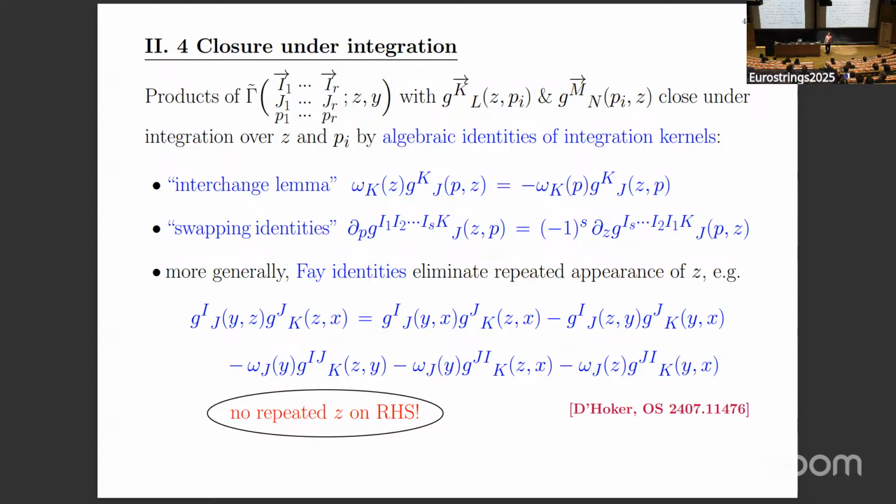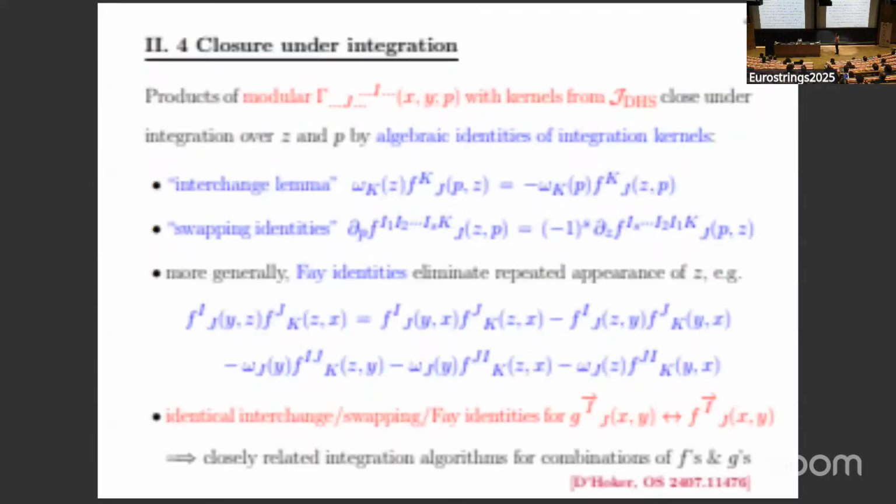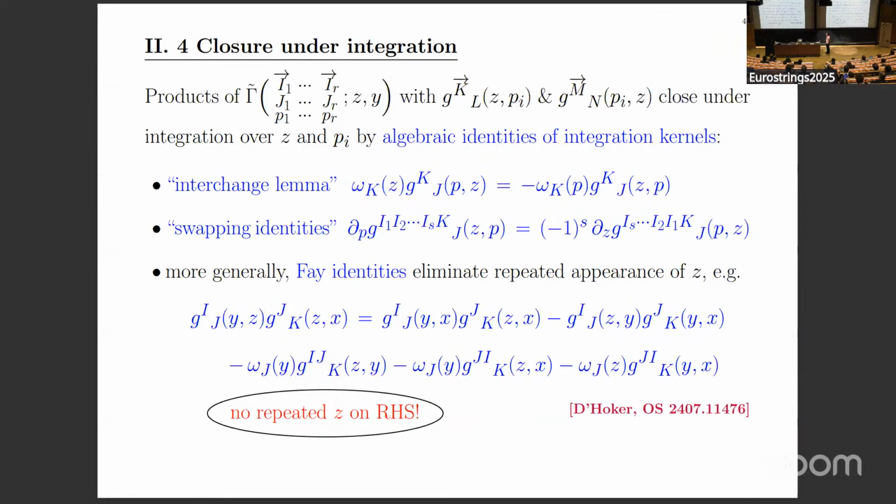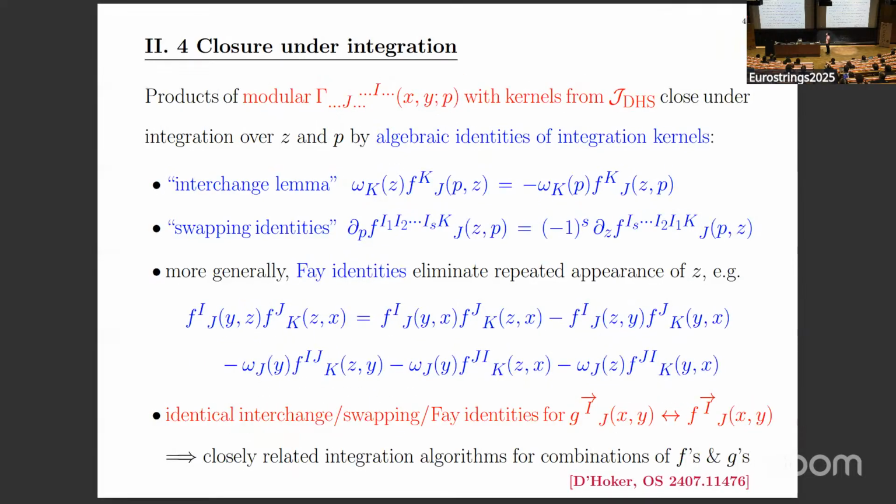At genus 1, they are literally the Fay trisecant identity, and in view of the parallel with the genus 1 case, identities like these are sometimes referred to as Fay identities. And in fact, it doesn't matter whether you work with the single-valued F kernels or the meromorphic G kernels. These functional identities on the slide are all identical. As you just saw, I renamed G into F, and all the identities are still true.